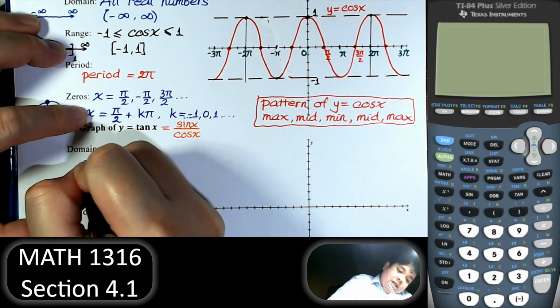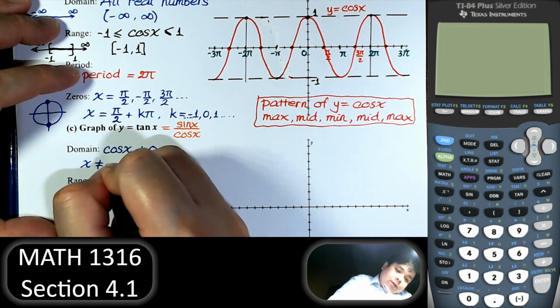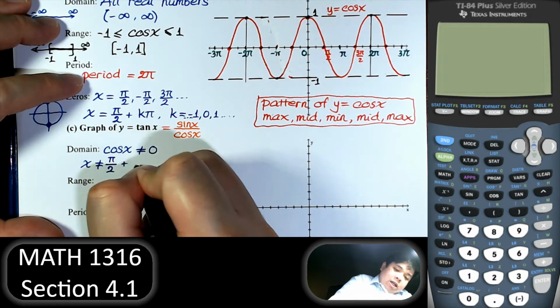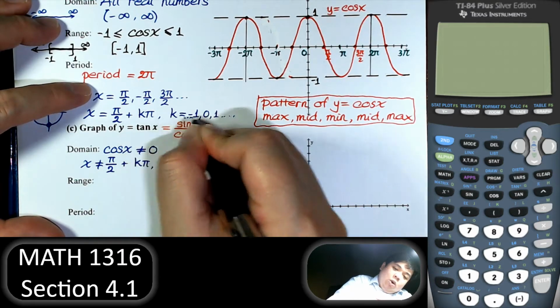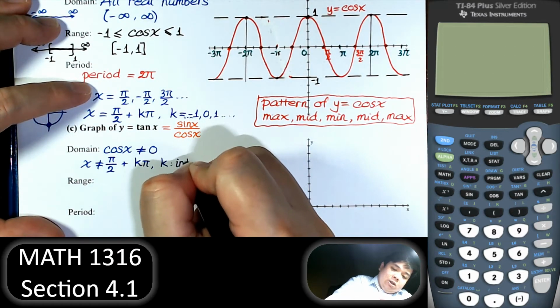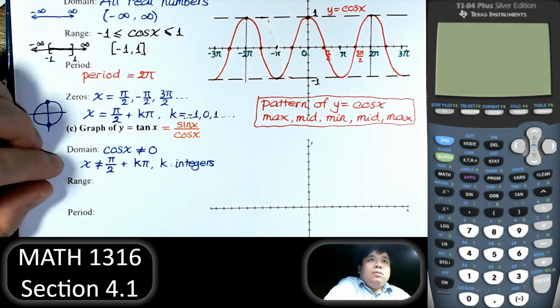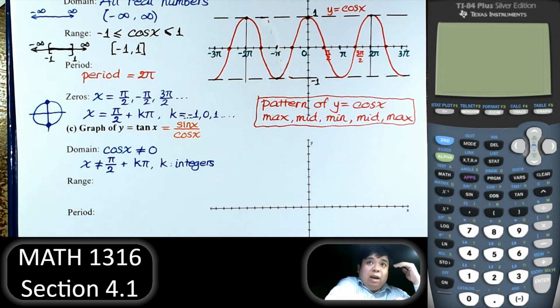So we say x is not equal to pi over 2 plus k pi, where k I can write like this, or I can say just integers, or I can write from -1, dot dot dot, -1, 0, 1, 2, 3, 4, or -2, -1, 0.